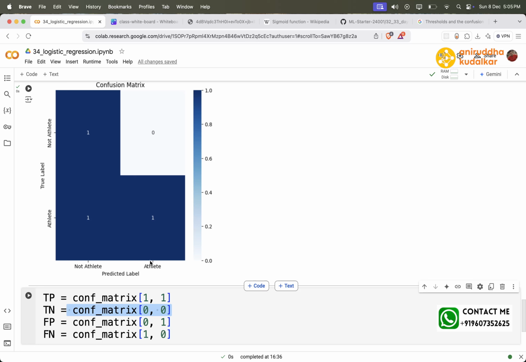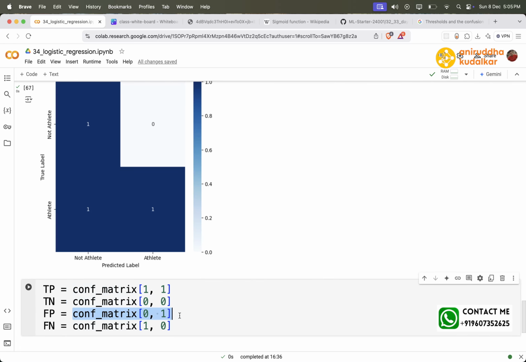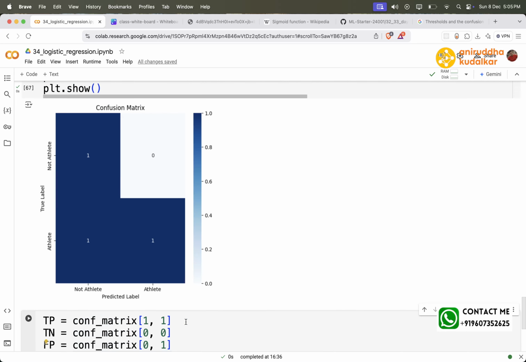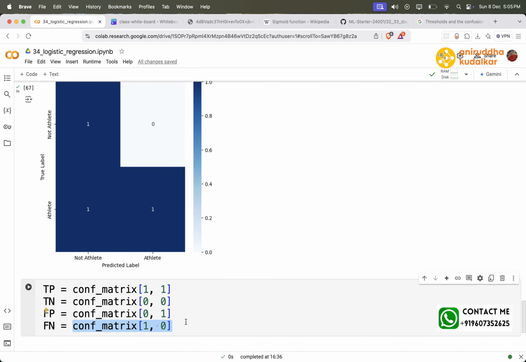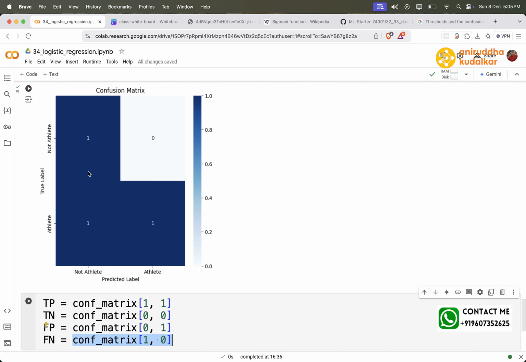The true label is not athlete but actually predicted as an athlete. That is the false positive. False negative 1 0: the true label is athlete but predicted as not athlete. False negative.